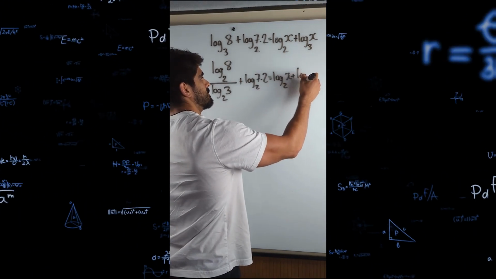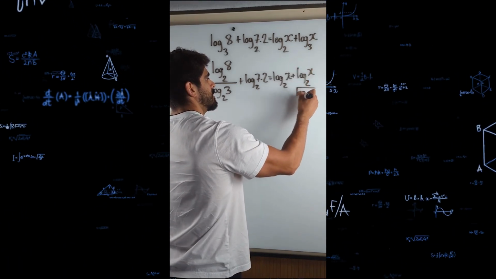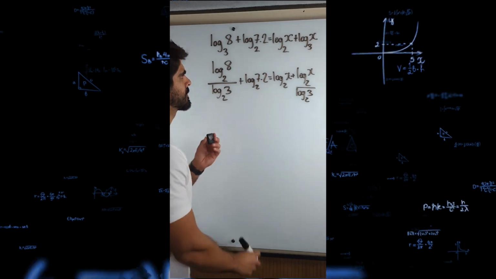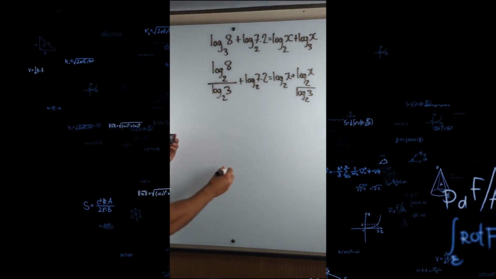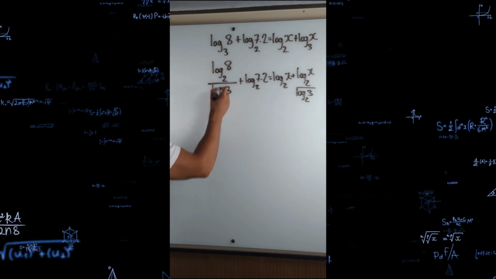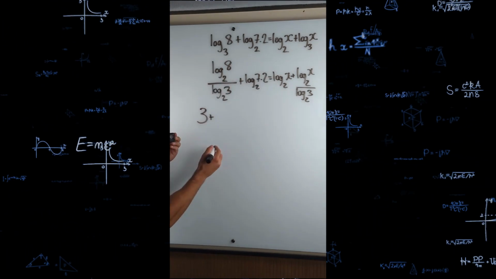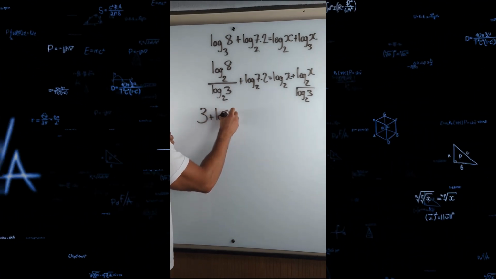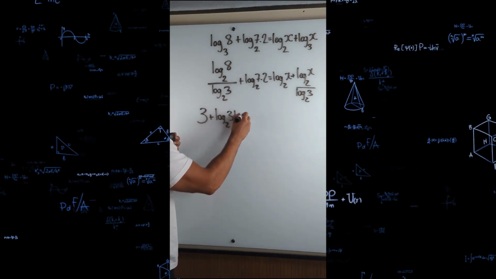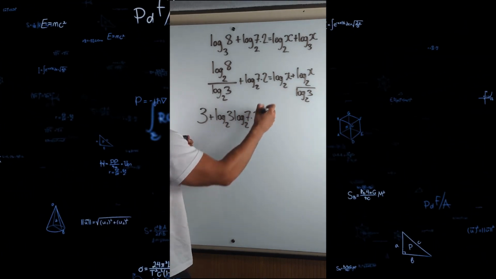So just write log base 2 of x, but then you have to divide by log base 2 of the old base. Now the next thing I'm going to do is get rid of all of these denominators. Also this is 3, right? So 3 plus, multiplying through by log base 2 of 3, this would be log base 2 of 3 times log base 2 of 7.2 is that times log base 2 of 3.